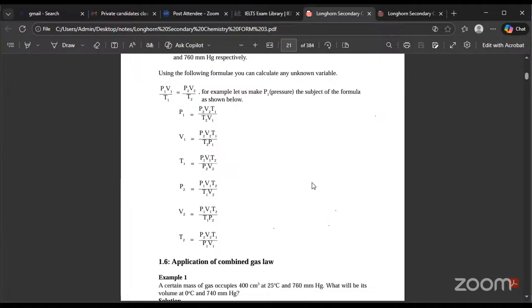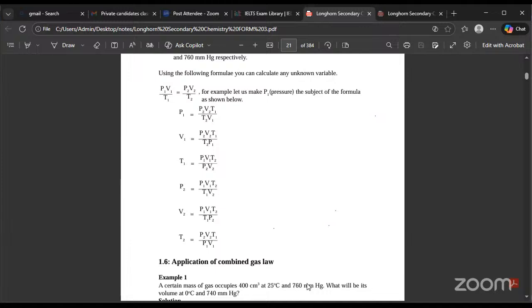I want people to tell me what it means. What will be its volume at 0 degrees Celsius and 740? So first things first, you identify the variables.